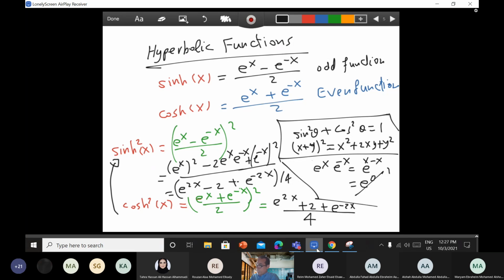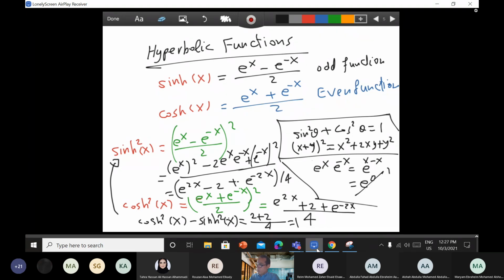Everything will be deleted and you end up with cosine square x minus sine square x. In both you have 4 and everything will be deleted, and you have 2 from the first one and plus 2 from the first one, so you end up with 1.